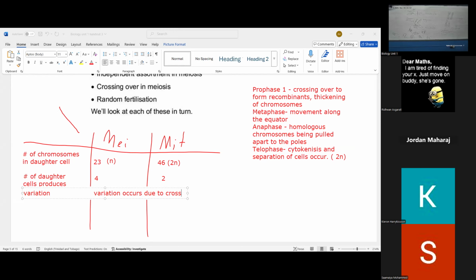And in mitosis, what kind of variation do we have? No variation, genetically identical cells.